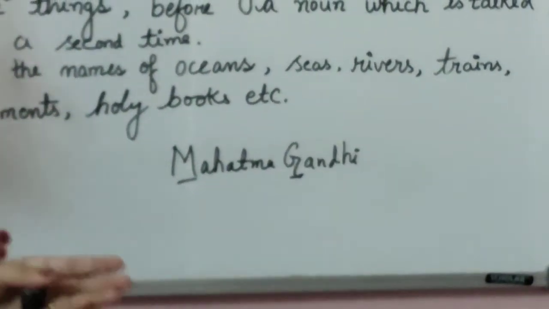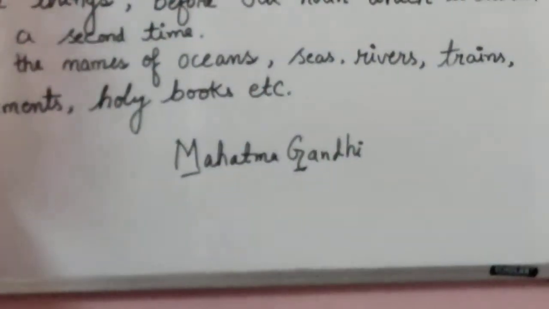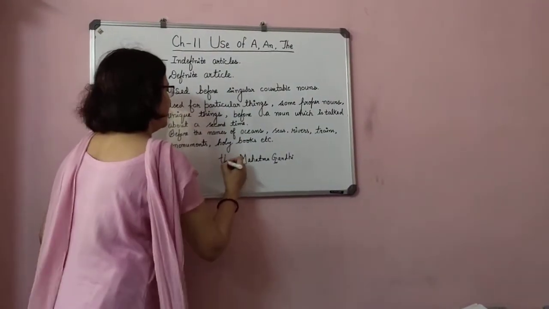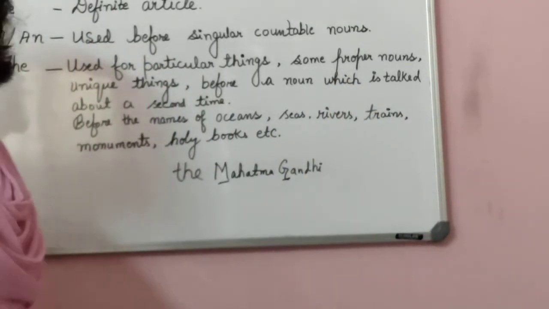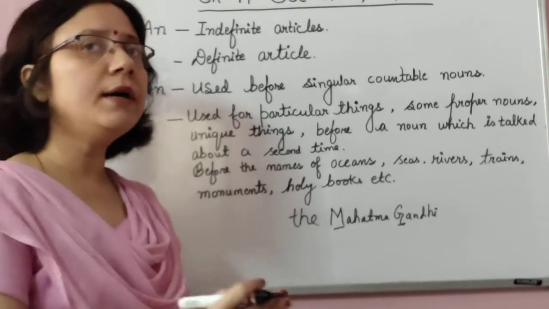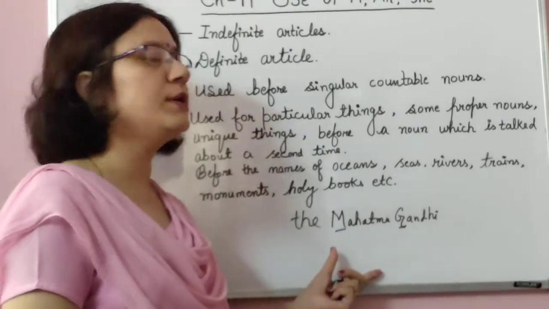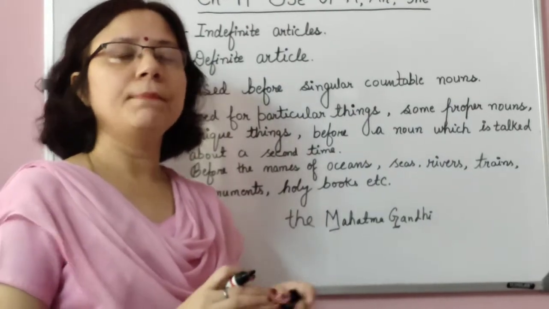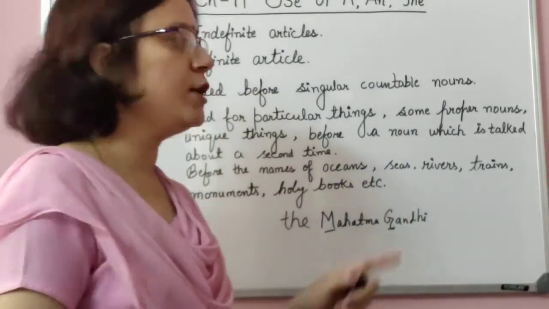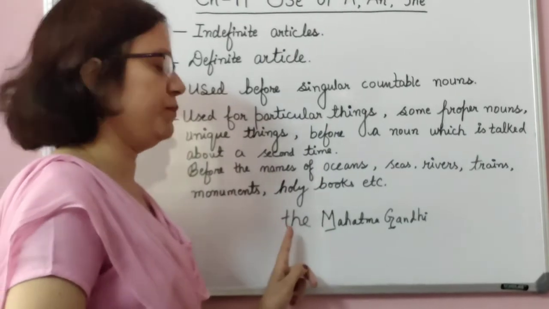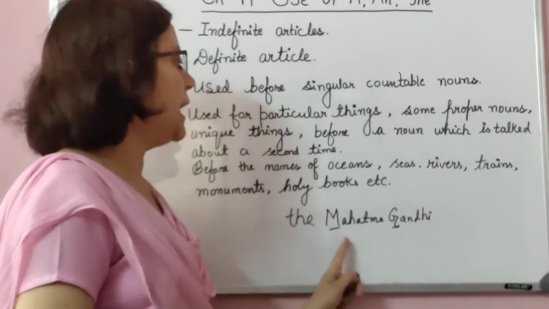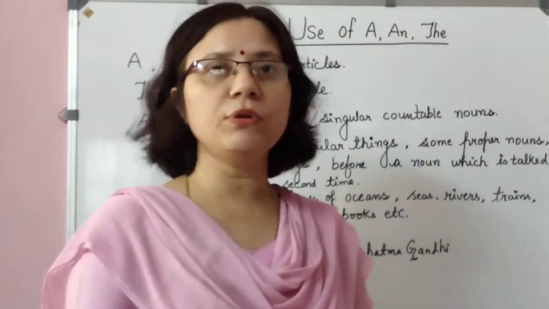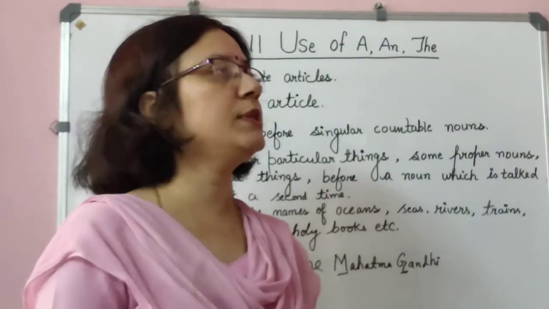So if I am talking about Rahul who is studying in my class, then I can say Rahul is the Mahatma Gandhi of my class, because Rahul is behaving like Mahatma Gandhi. He is not Mahatma Gandhi, but his character is like Mahatma Gandhi. So here we are saying Rahul is the Mahatma Gandhi of my class. Okay, but when we are talking about actual Mahatma Gandhi, there we cannot use the.